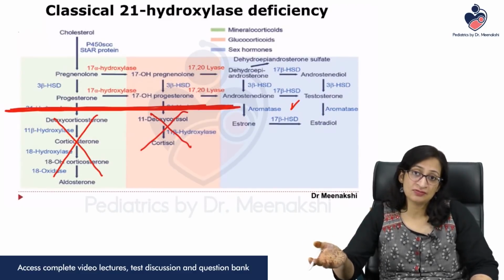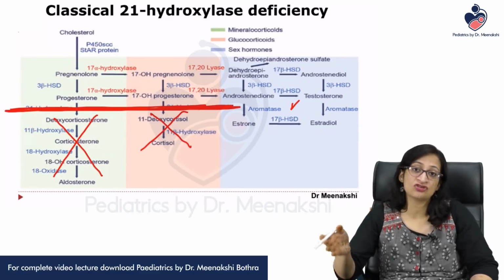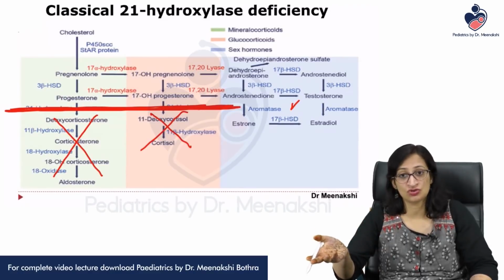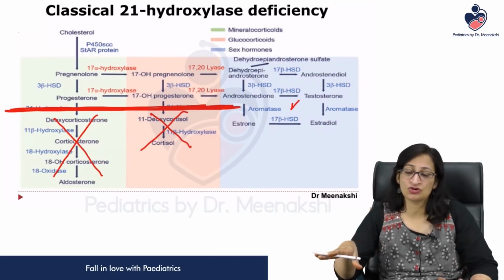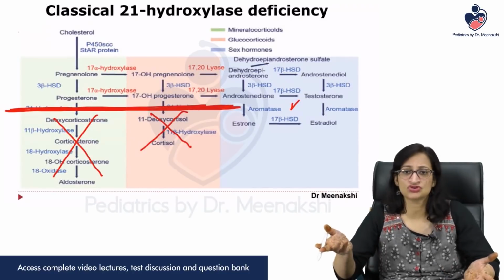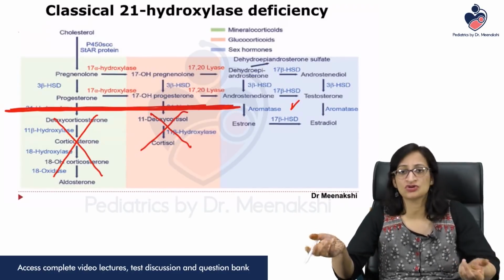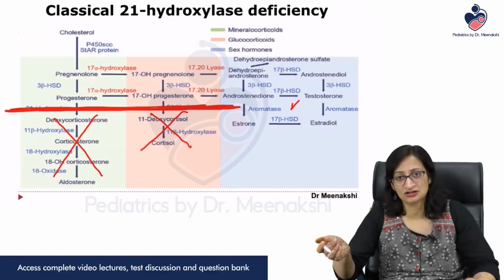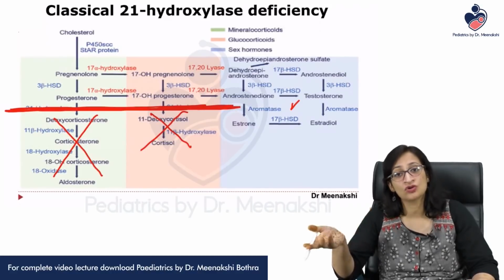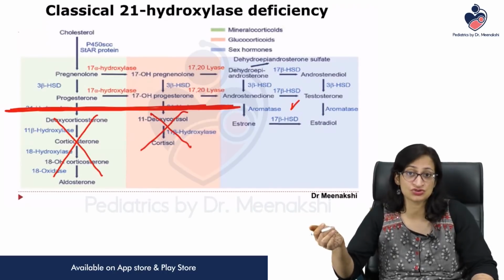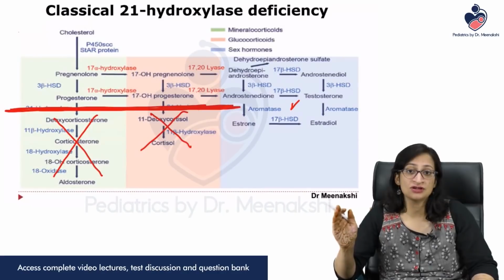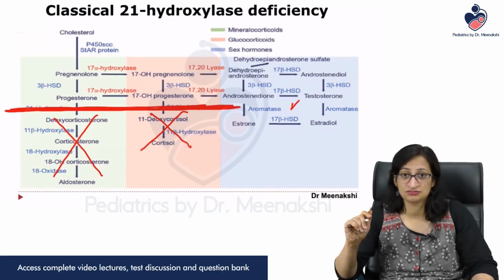A female baby will have genitalia like that of a male. In male babies, the genitalia will appear almost normal because they already have male genitalia, so excess testosterone cannot cause much change. But when these males grow up, they can have precocious puberty because of the excess testosterone. These are the features of classical 21-hydroxylase deficiency.